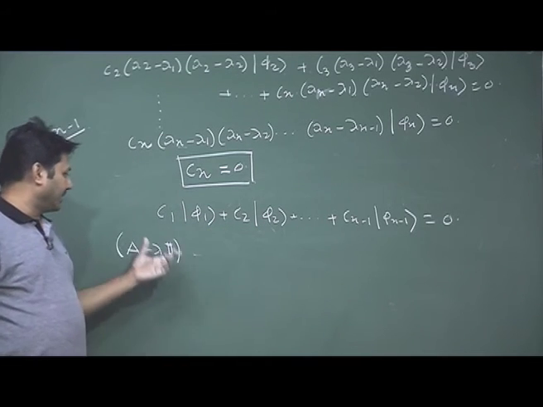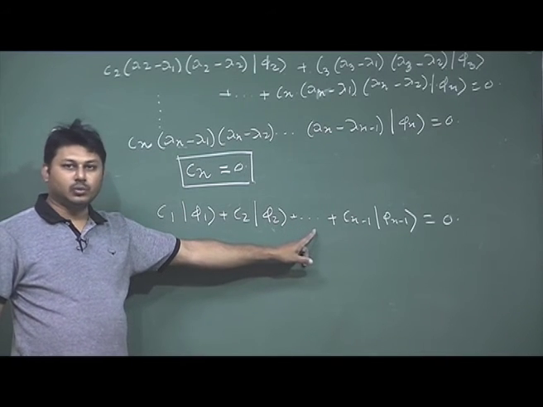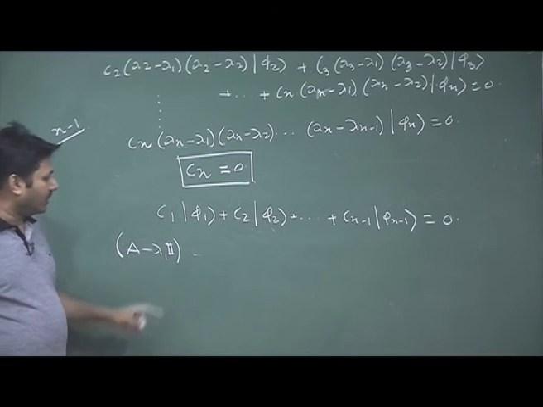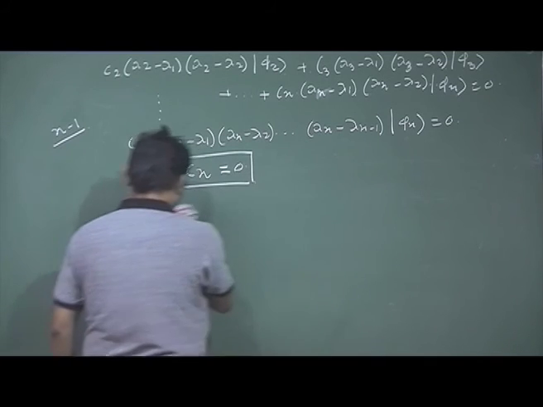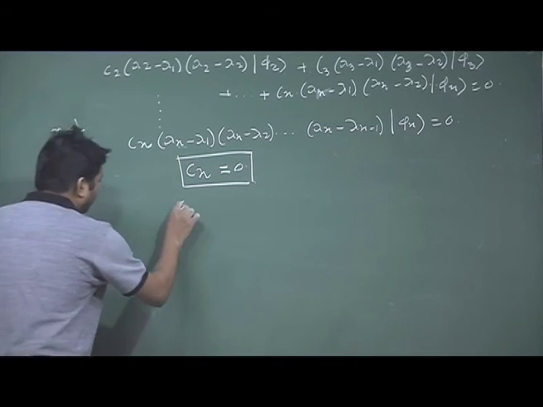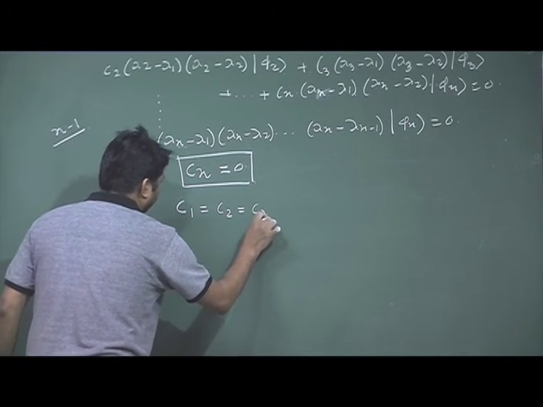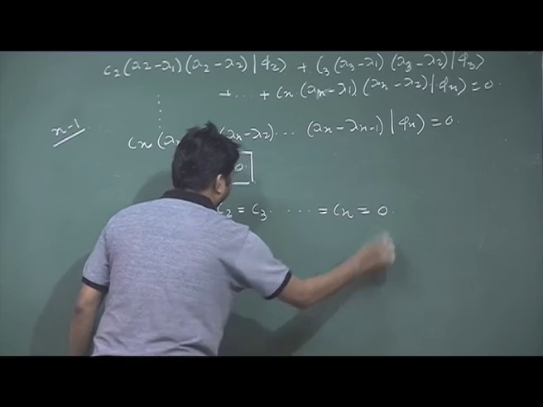If I do that again, I will have one equation and do the same thing, I find Cn minus 2 is equal to 0 and gradually I find C1 equal to 0. So with this operation, if I do it repeatedly, I can show that C1 is equal to C2 is equal to C3, up to Cn is equal to 0.